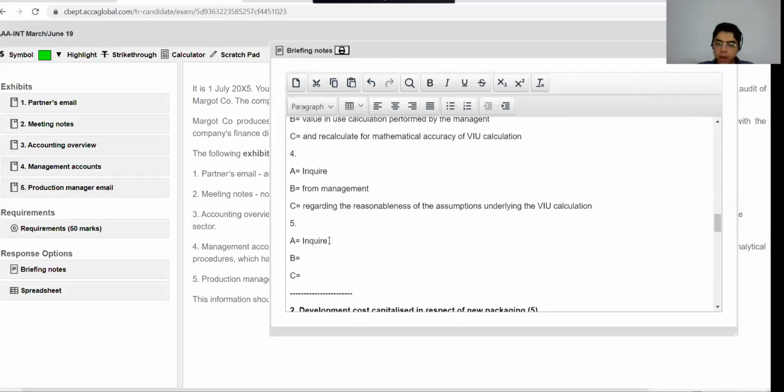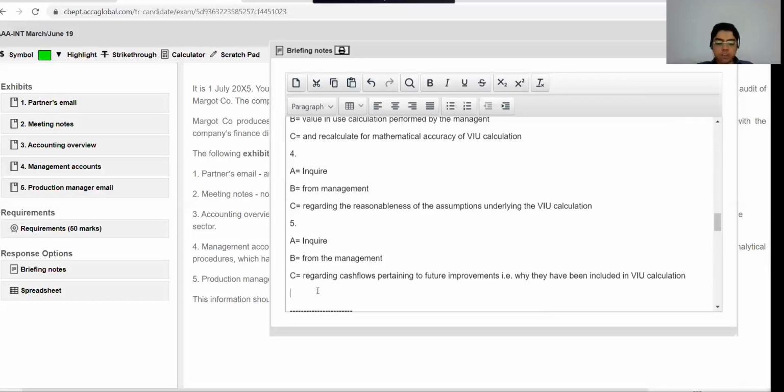So you could inquire from the management regarding cash flows pertaining to future improvements, that is, why they have been included in the value in use calculation. If you just look at the IFRS, that gives you ideas. That's a source of idea generation for you.